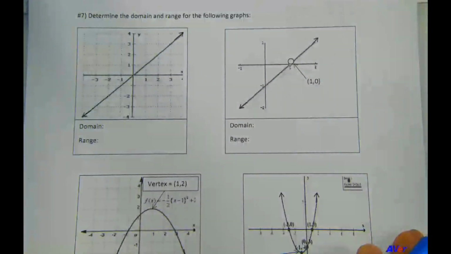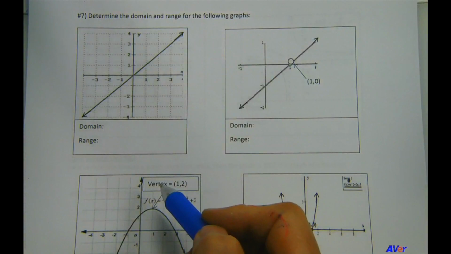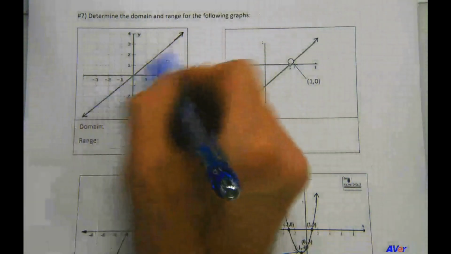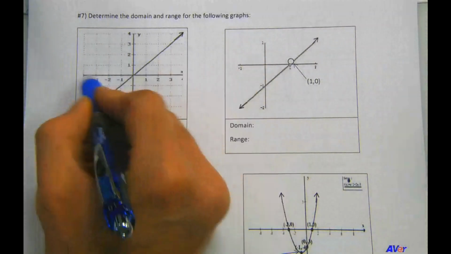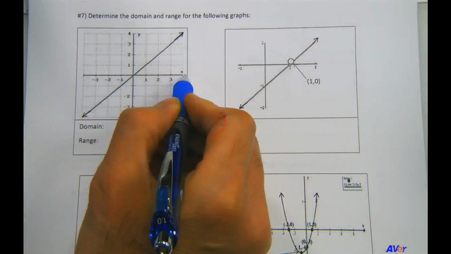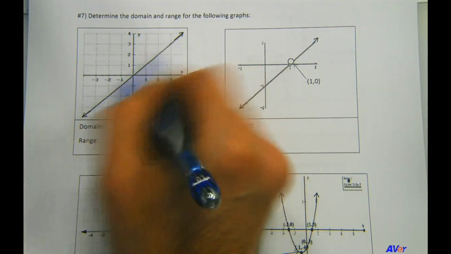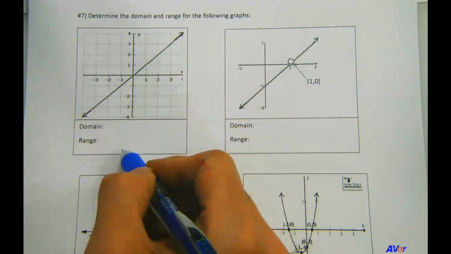Looking at the behavior of this line. Sorry, I was off the screen there. Sorry about that. So look at the behavior of this line. Do you see any restrictions along this graph that are related to the x? Is there any x value that the points on this line cannot take? Is there any x value?